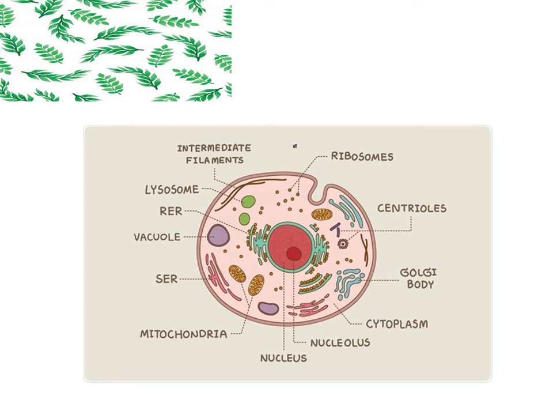The eukaryotic cell is differentiated from the prokaryotic cell because here the nucleus has a nuclear membrane. A well-defined nucleus is present here.